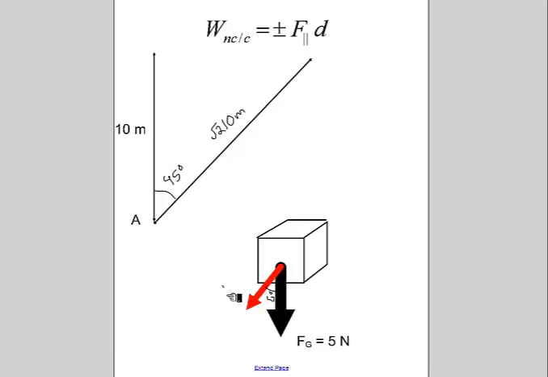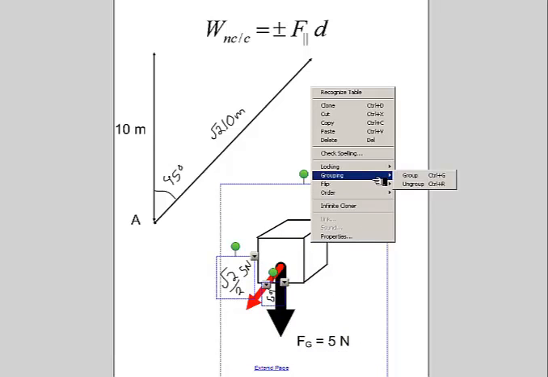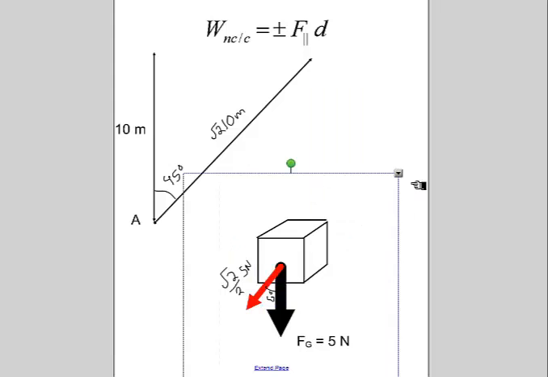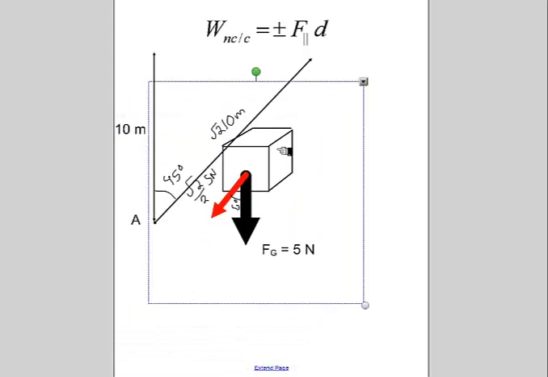And what I want you to see is that number, you can also check this in your calculator, is the same as the square root of 2 over 2 times 5 newtons. So I'll let you check that. This will be obvious for people who have taken pre-calc, why that is. So let's just group that all together. So I'm going to move this box along the diagonal.